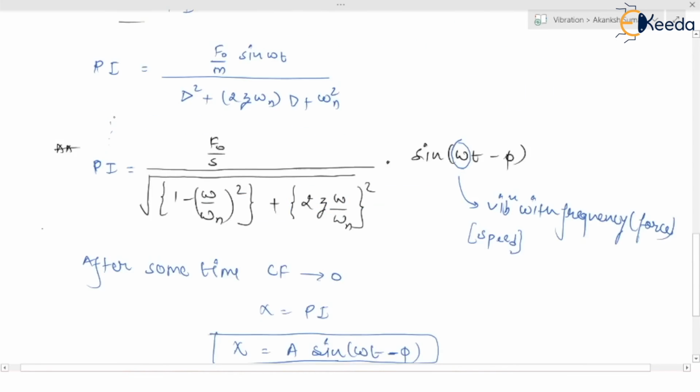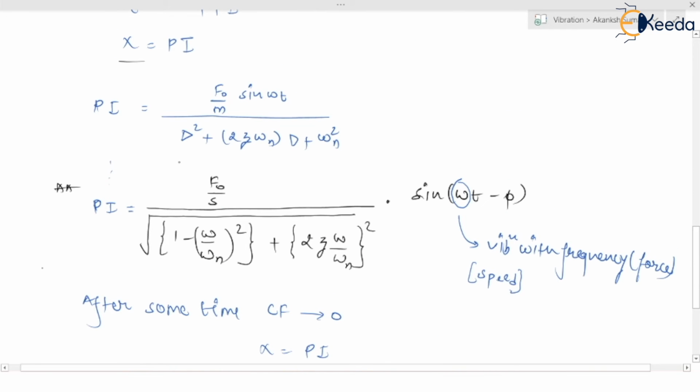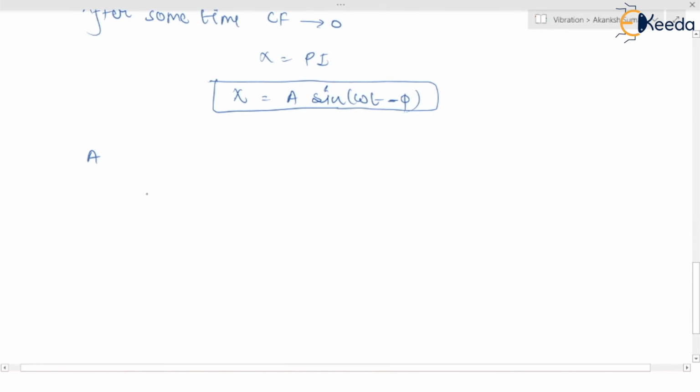When you focus on the amplitude, this is the complete amplitude of the forced damped system. There is no time function.